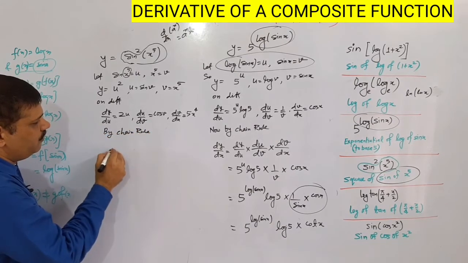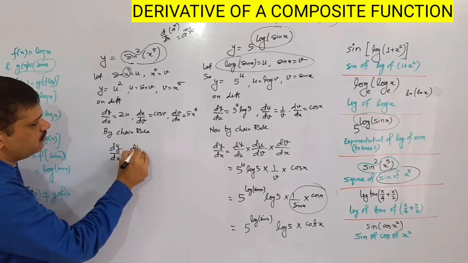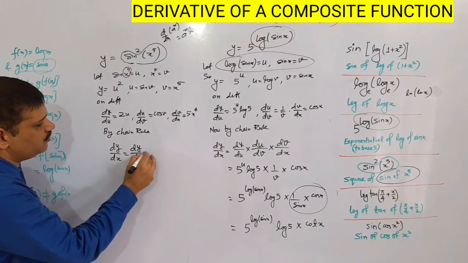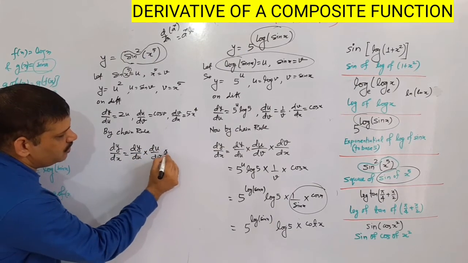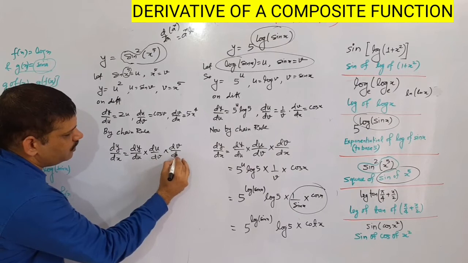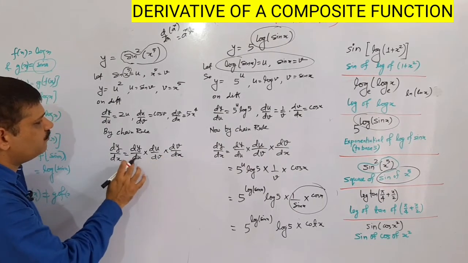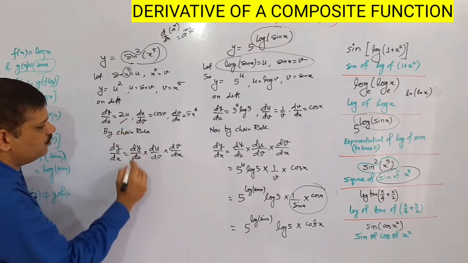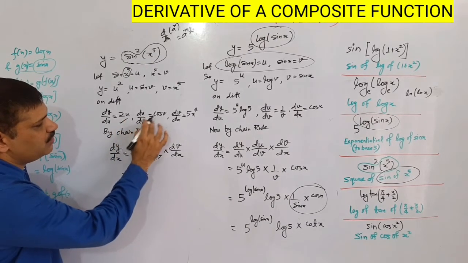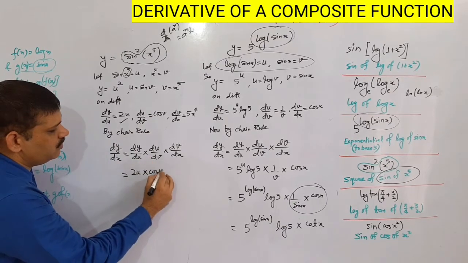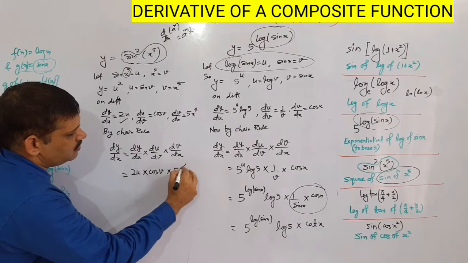Now by the chain rule, the derivative of y with respect to x is equal to the derivative of y with respect to u multiplied by the derivative of u with respect to v multiplied by the derivative of v with respect to x. That is 2u into cos v into 5x raised to 4.